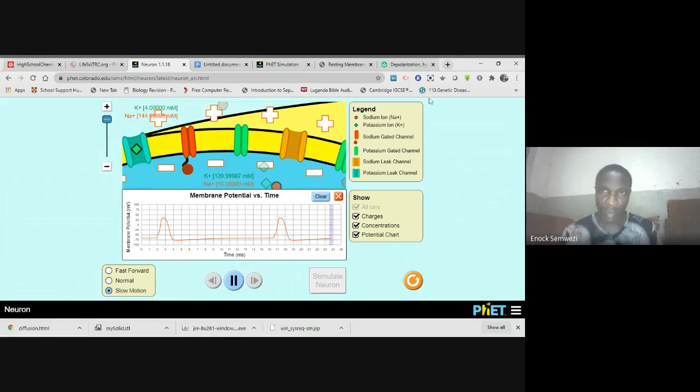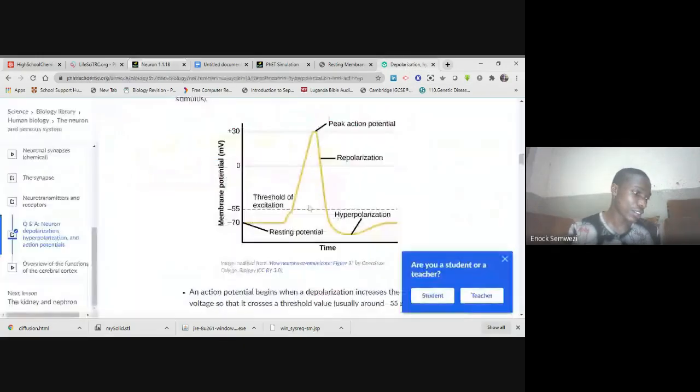So in summary, let me try to summarize. At norm, or when there's no stimulation, the membrane potential is always at negative 70 millivolts. However, on stimulation, the membrane potential starts rising up to around negative 55.